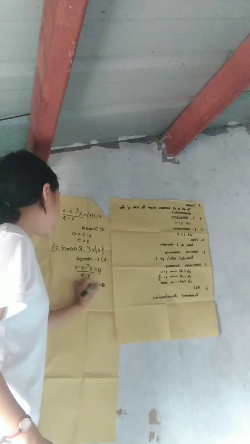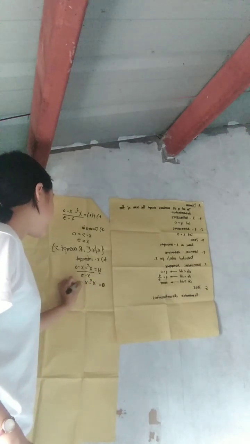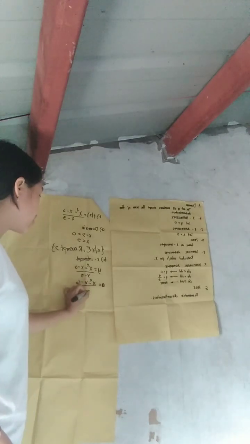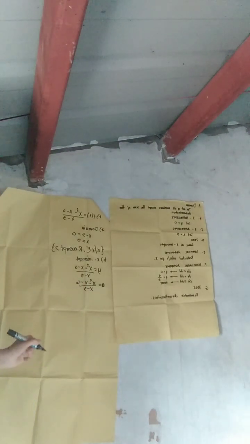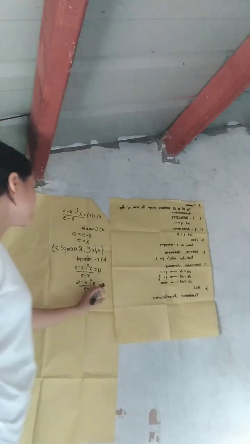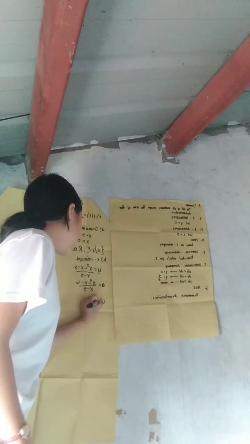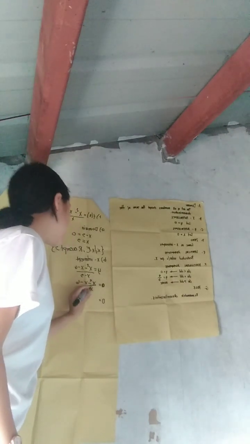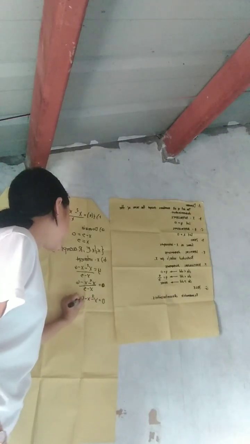Let's cross multiply. So 0 times x is equal to 0, which equals x squared minus x minus 6.